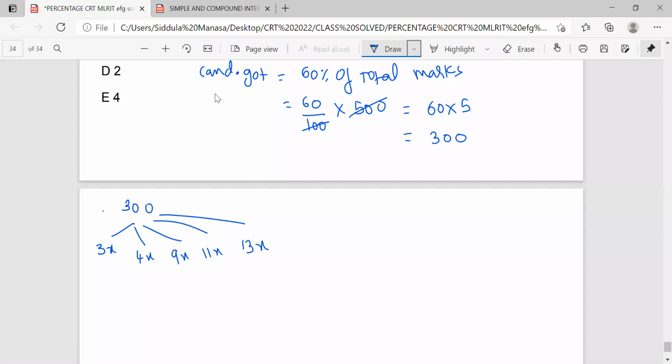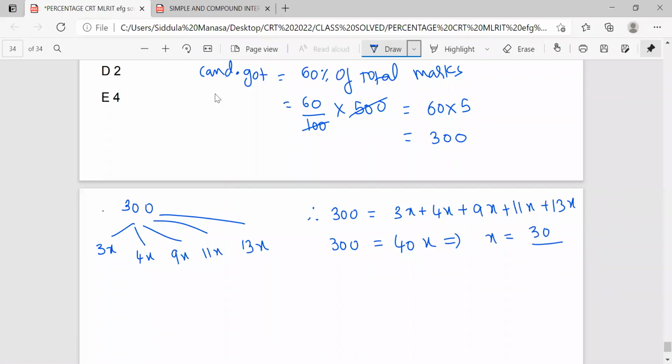So 300 is nothing but 3x plus 4x plus 9x plus 11x plus 13x. 11 plus 13 is 24, plus 9 is 33, plus 4 is 37, plus 3 is 40x. So 40x is equal to 300, so the x value is equal to 30 by 4.